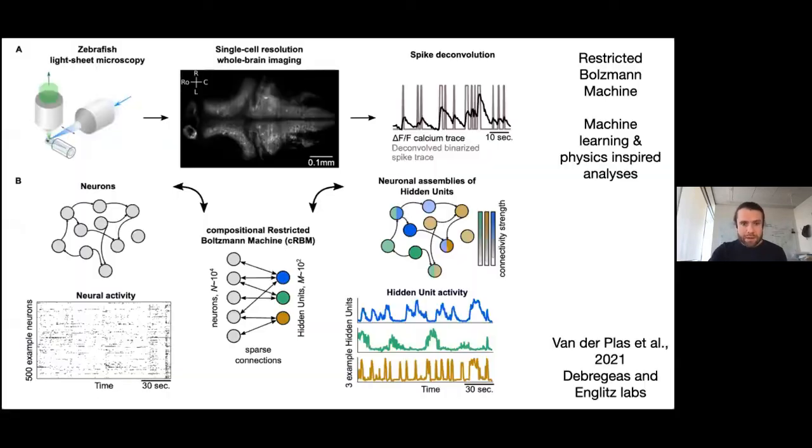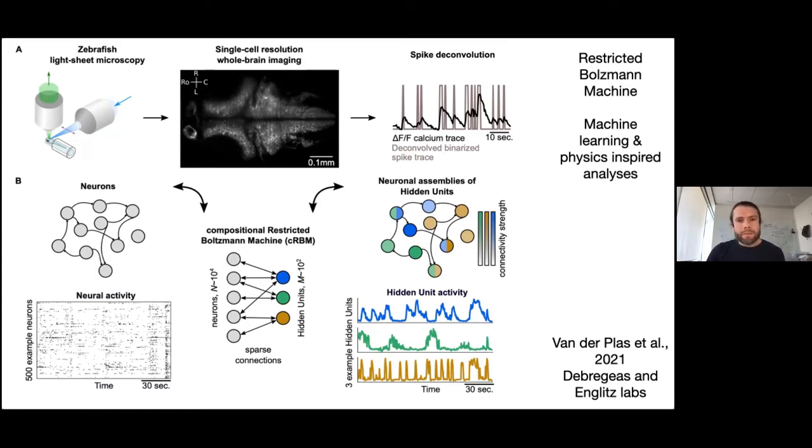You can do much richer things, like this from the labs of Georges Debrégeas and Bernhard Englitz, that took data and used a restricted Boltzmann machine to have a more network computation level description of whole brain activity.